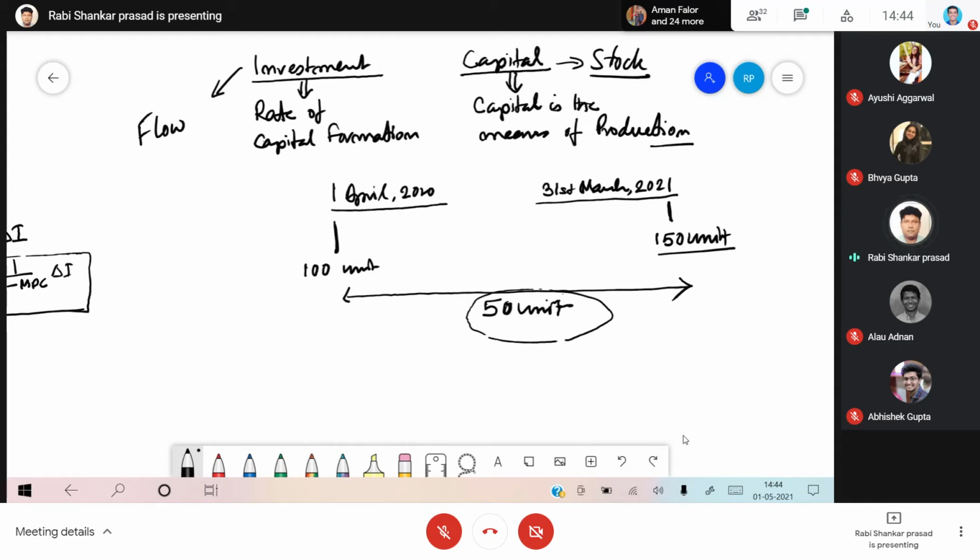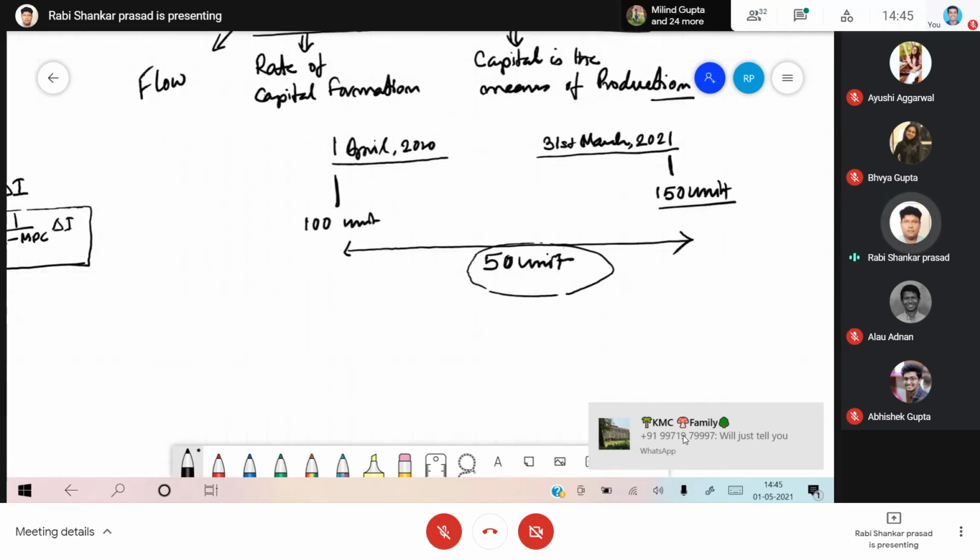Okay, what is investment? During a given time period, how much capital you formed or added to existing capital, that amount is known as the investment you made in that time period. So that you have to remember. Is it clear, all of you, the capital and investment? One more example you take like this.